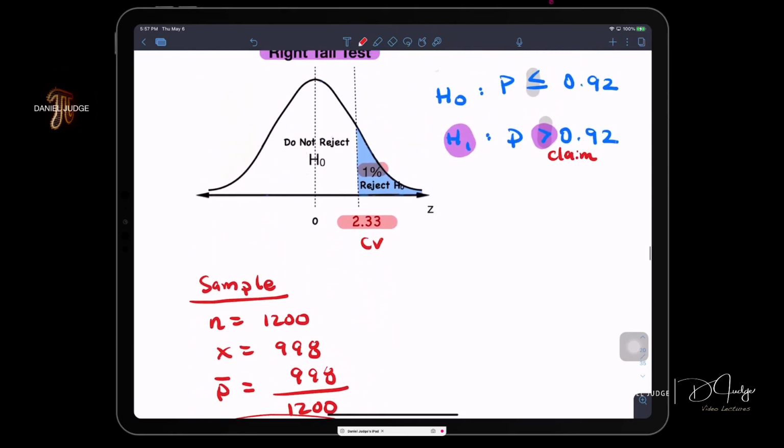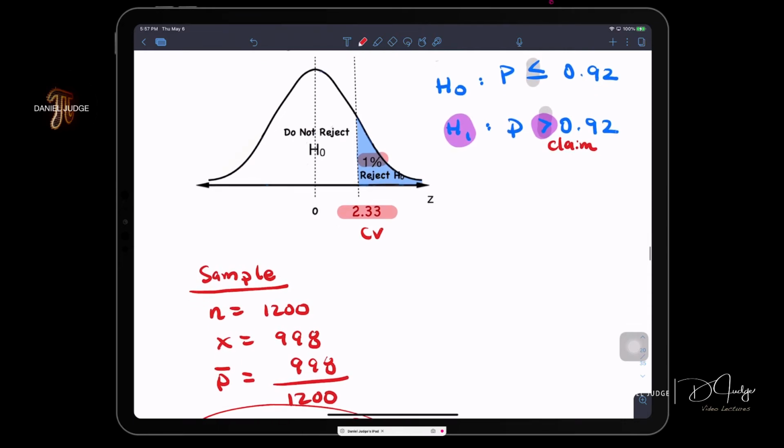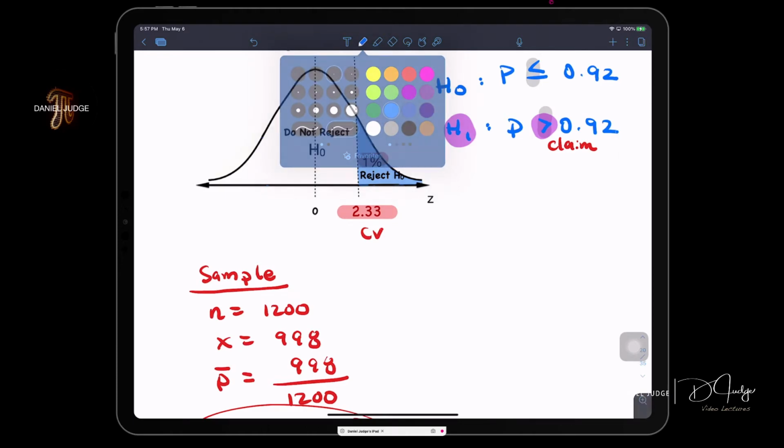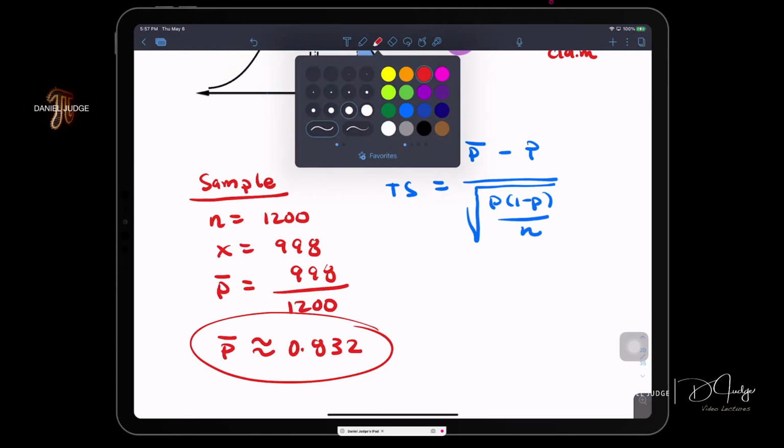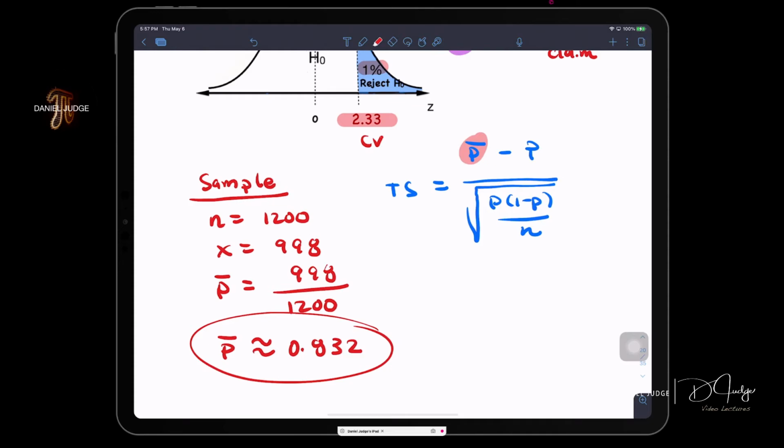So I set up the hypothesis, I create the decision rule, I take the sample, and what comes next? I compute the test statistic based on the sample information. So I have to use the formula here, P, 1 minus P over N. Sample proportion, sample size.